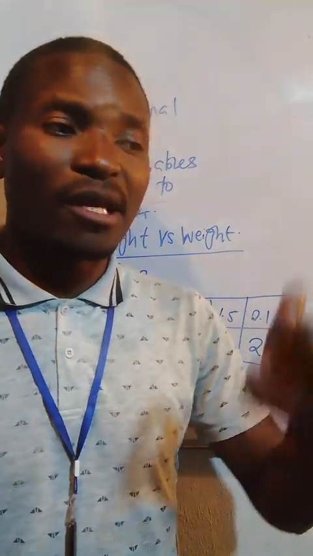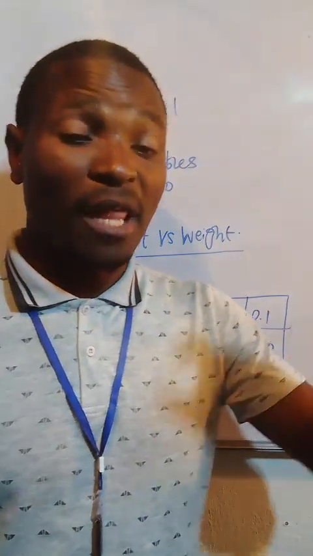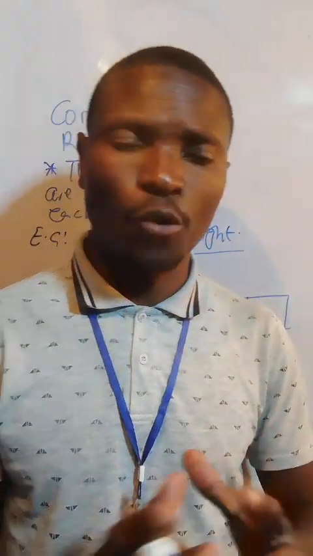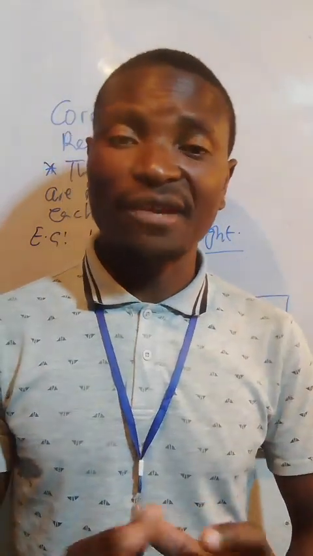If I understand that there is a pattern, that if the height of this person is this, then the weight of that person is going to be ABCD, then I can just do maybe 20 or 50 of them, and the rest I can just figure out based on that.